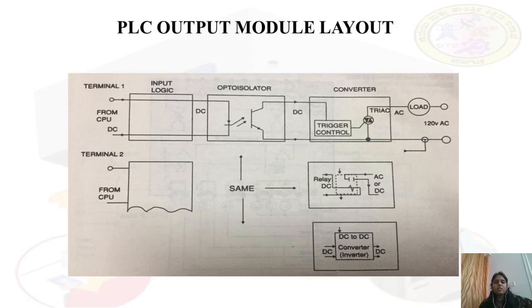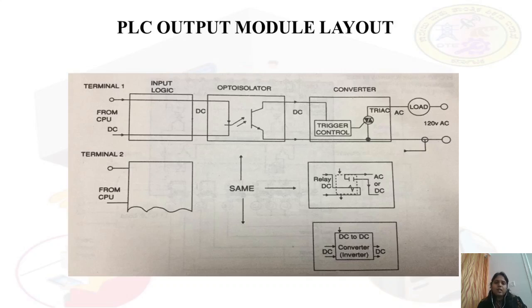So the CPU fetches from the input module and executes according to the program you have written from the programming device. Understood? After that, your output logic will be there. The signal you are getting from the CPU is DC only.